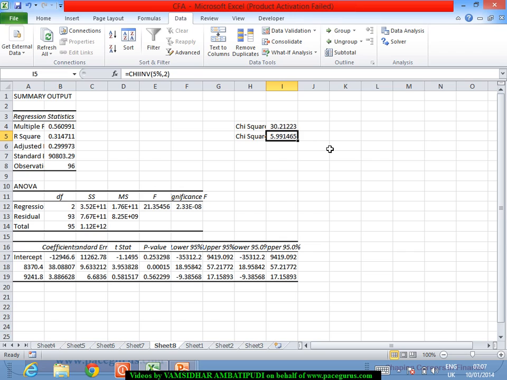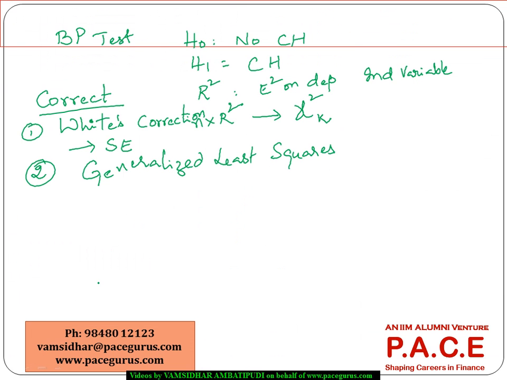Then one more issue that can come up with multiple regression is the issue of serial correlation, especially if my multiple regression is more and more associated with time-based data. There is a possibility of serial correlation.